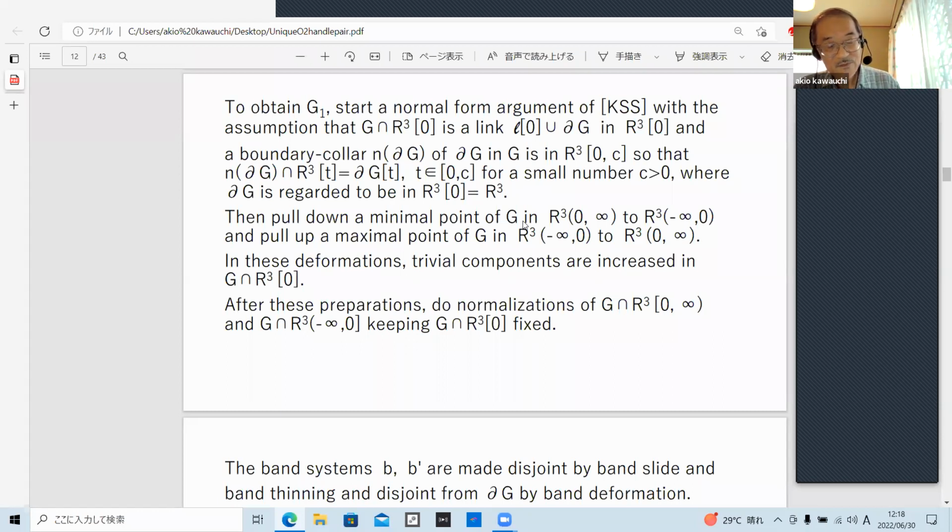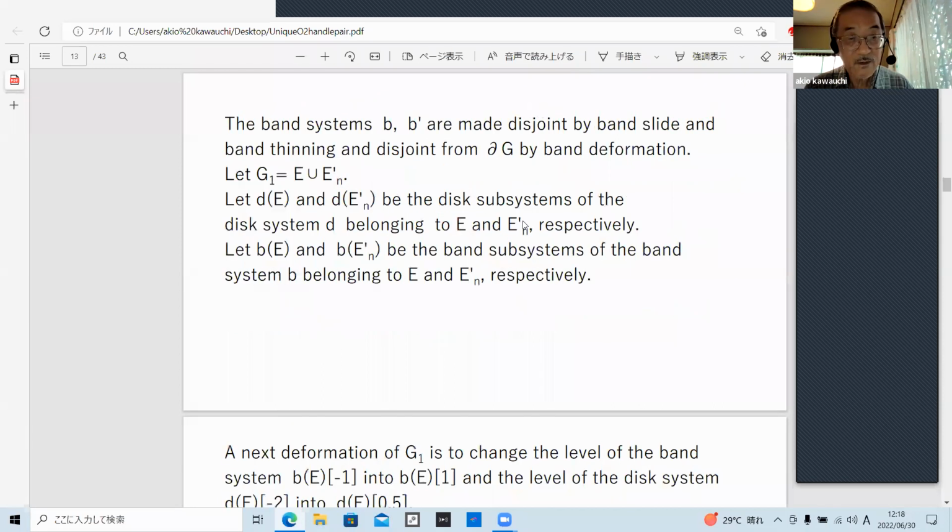In that case, in the level T equals 0, some trivial loops increase, but no problem for the link considered first. That deformation is a very standard argument of normal form, and so is making the band system disjoint, by seam band and such things.